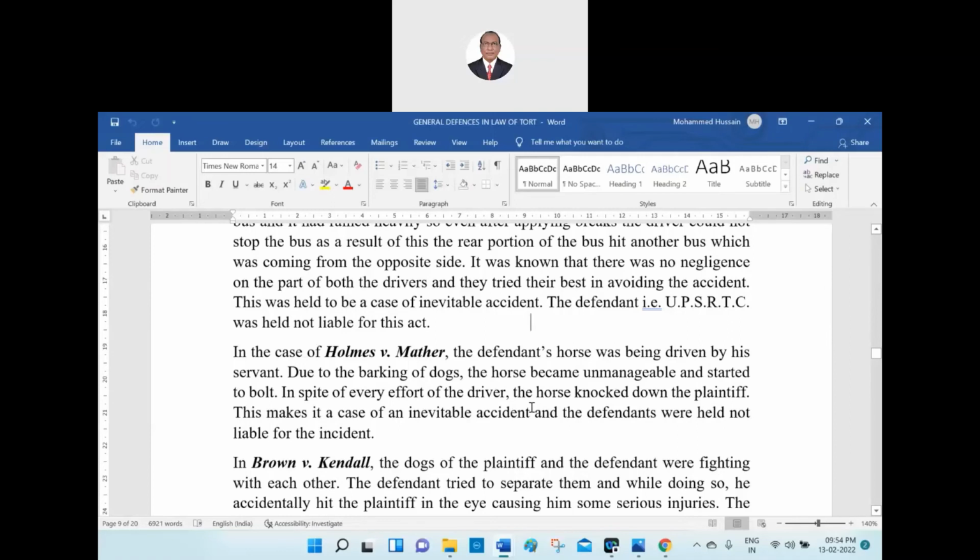In spite of every effort of the driver, who tried to stop it, the horse came out of the cart and knocked down the plaintiff. By the barking of the dog, the horse became unmanageable and knocked down the plaintiff. That makes it a case of inevitable accident, because of the barking of the dog.